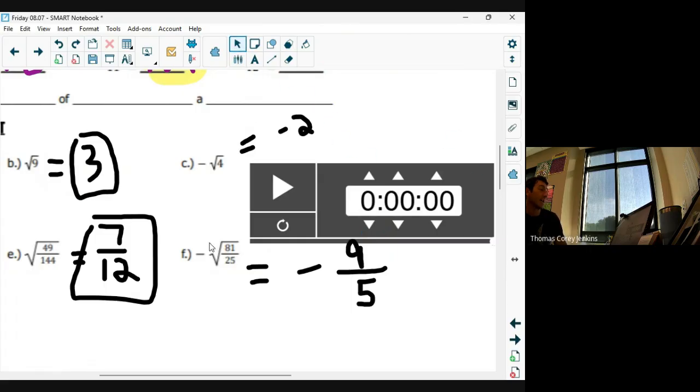Just a note on your calculator on this one, like negative square root of 81 over 25. Here's how you type that in. So negative is here. We talked about square root. And then 81 over 25. I can either do a division bar there or a fraction bar. Either way works.